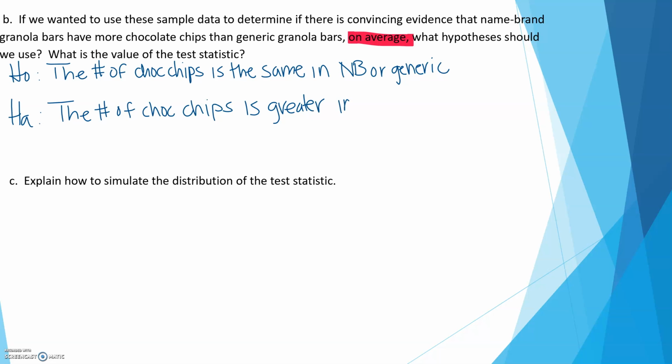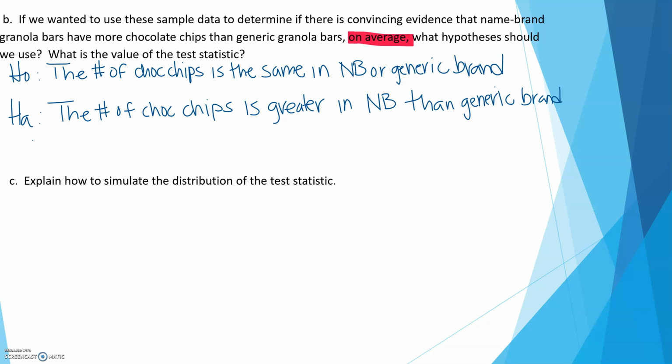And it seemed like it was more in the name brand, so we're writing that first here, and that is important. In the name brand than generic, or generic brand, if you want to add that. Generic brand. I guess we write that because we did write name brand. We'll go back and write brand there.